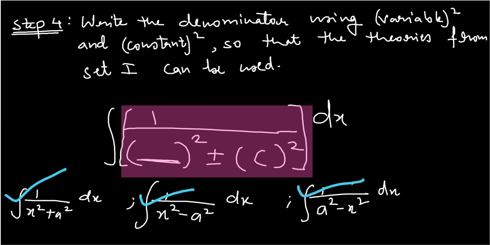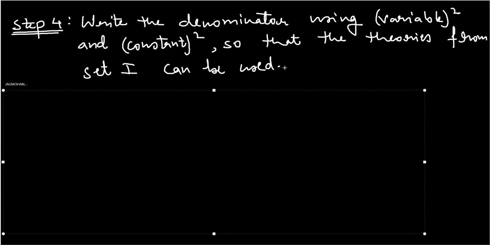Once I transform that 1 upon quadratic into this, I can use the result which I have already devised. Okay, so the type I have explained. Now it is time we solve a few problems. I suggest you write everything which I have written for you.